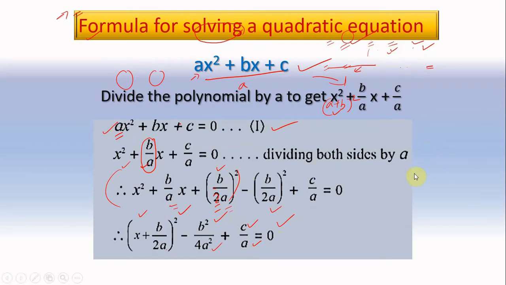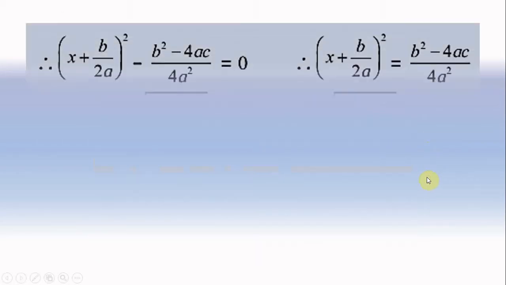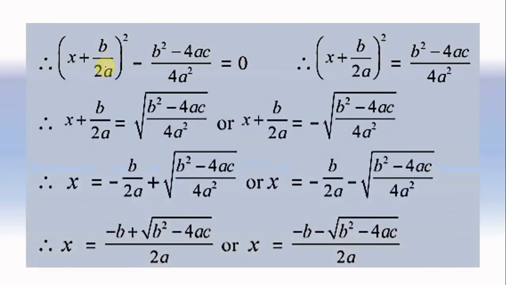Let us go ahead. From here, this part of the equation is maintained as such, and for the second part we take the LCM, equal to 4a square, which can be written as b square minus 4ac upon 4a square.